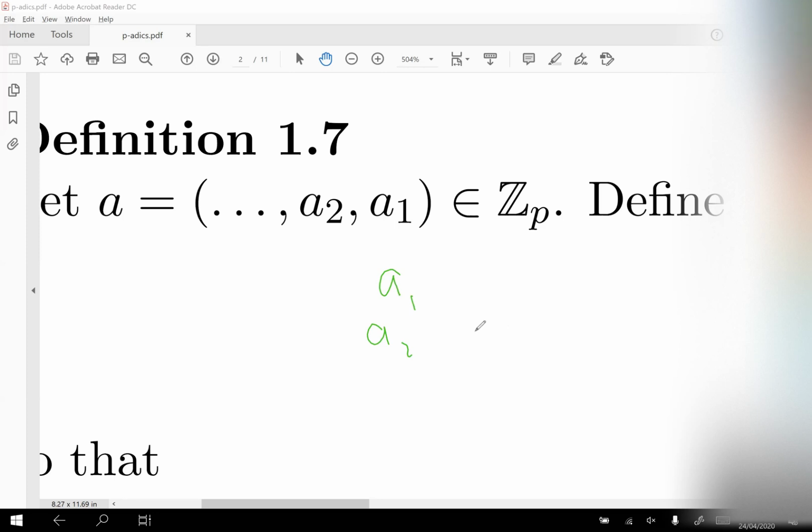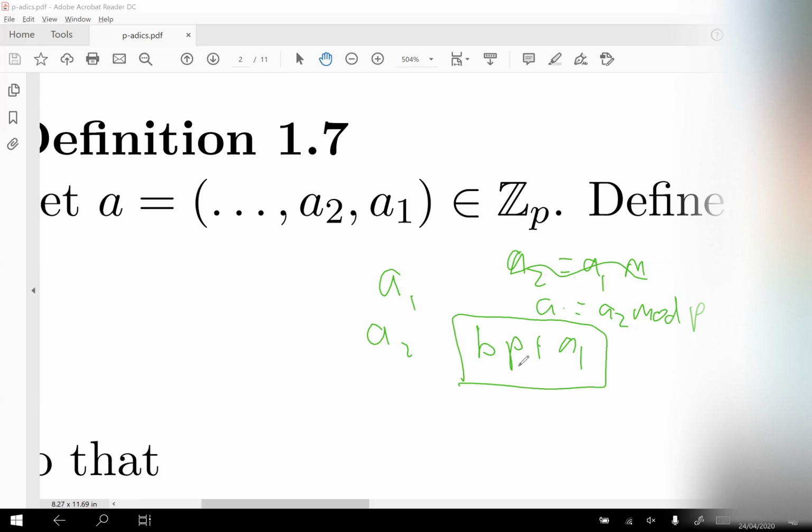So it's some value b times p plus a_1. Since at the beginning, with the inverse limit thing, we wanted a_1 to be a_2 mod p, that means a_2 has to look like this: some bp plus a_1. a_3 has to look like some cp squared plus bp plus a_1.